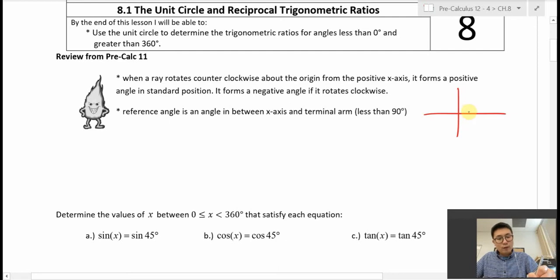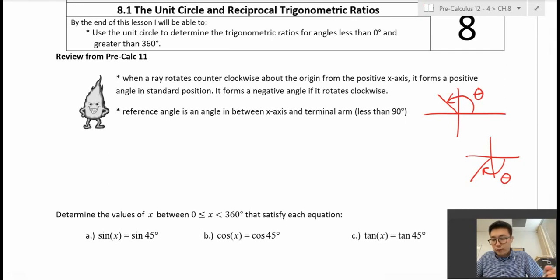If we start from the positive x-axis and rotate counterclockwise, here's the angle in standard position, and this is positive. But if you rotate the other way, clockwise, then this angle is still in standard position, but now it's negative. Okay, so that's the first piece.